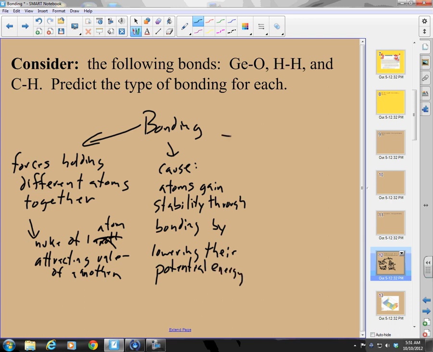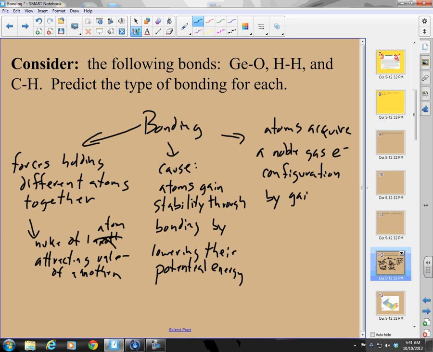And what's the general process? Atoms acquire a noble gas electron configuration by gaining, losing, or sharing valence electrons. Good. So that's kind of an overview of bonding.